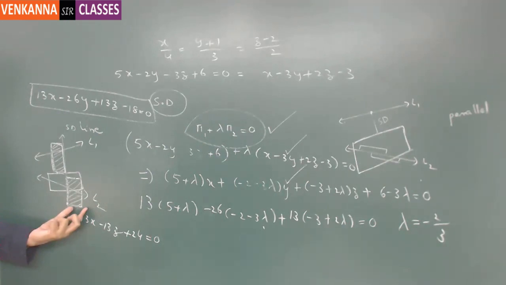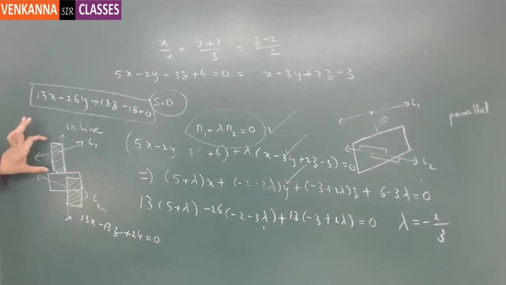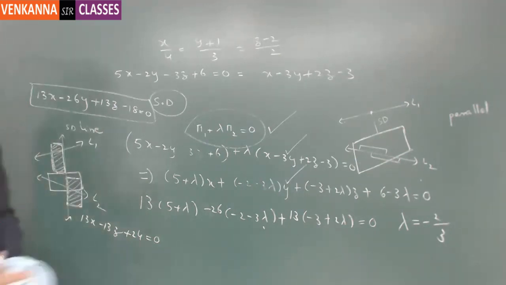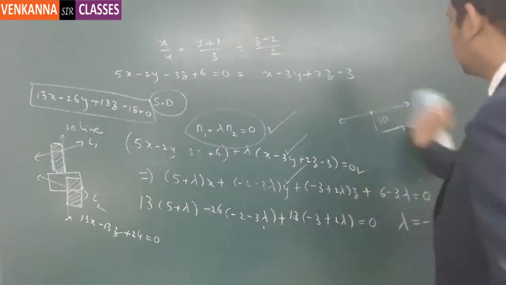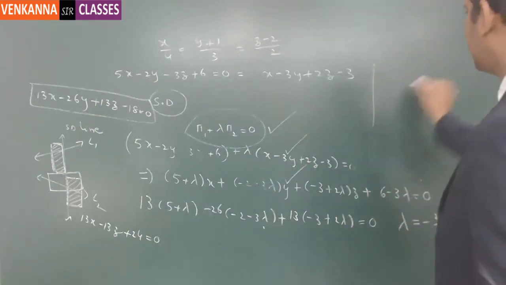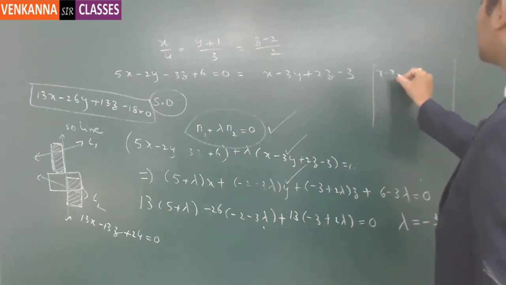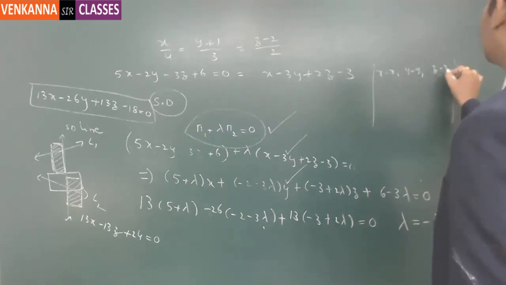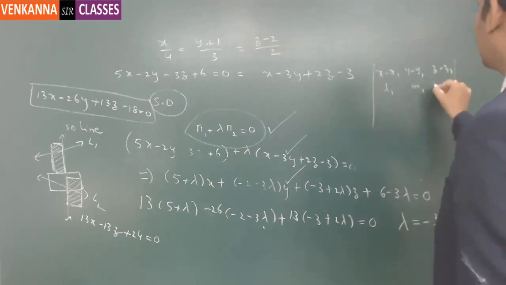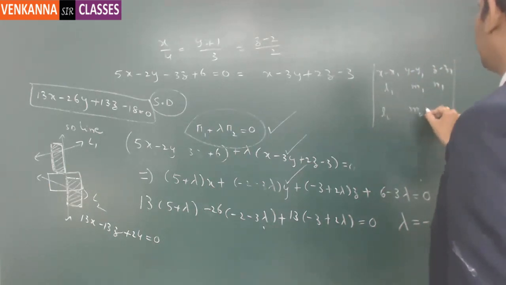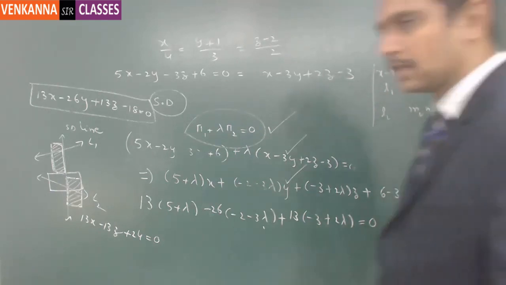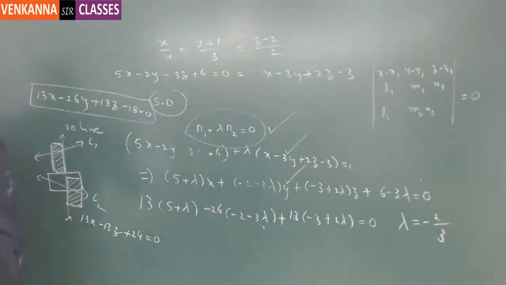Is it clear for all? Any questions? Right. Now I have to find the other one. So for this plane, I have given a straightaway formula. The formula is of determinant form: determinant of x minus x1, y minus y1, z minus z1, L1, M1, N1, L2, M2, N2 equal to 0. This formula I have given earlier, which is very useful.